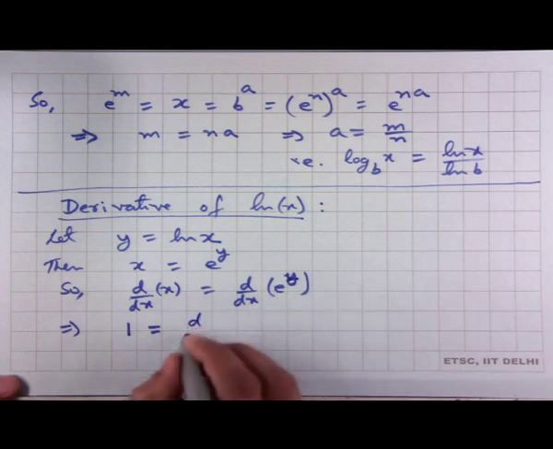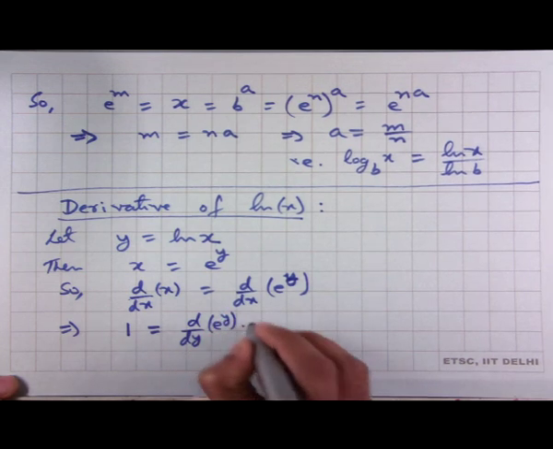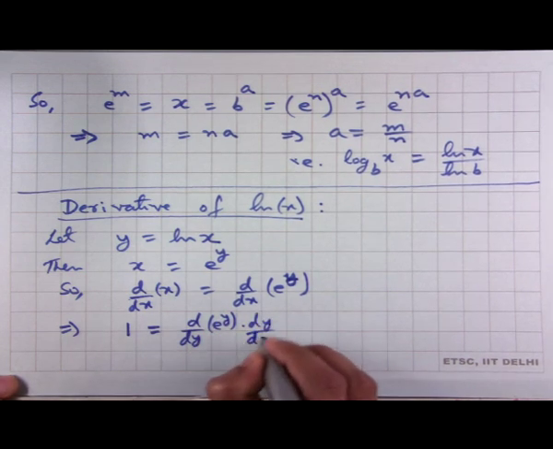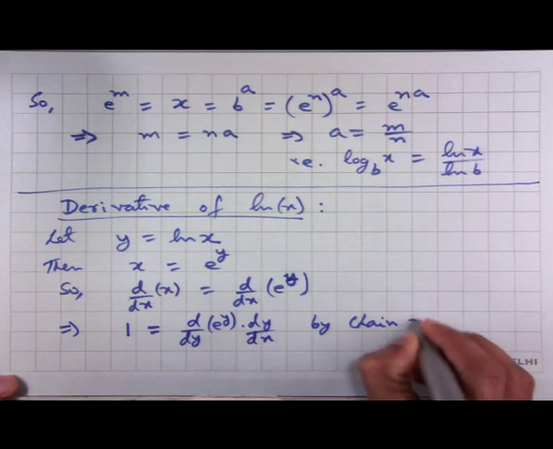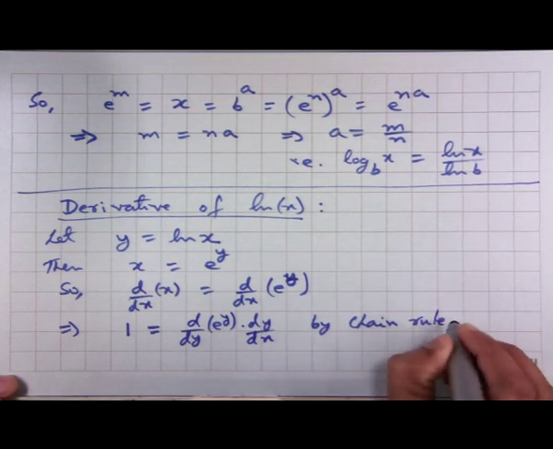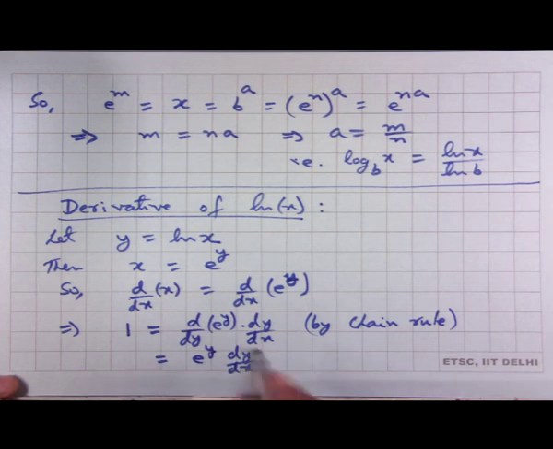So, this is d by dy of e to the y times dy dx by chain rule, and the derivative of e to the y is same as e to the y times dy dx, but e to the y is equal to x.